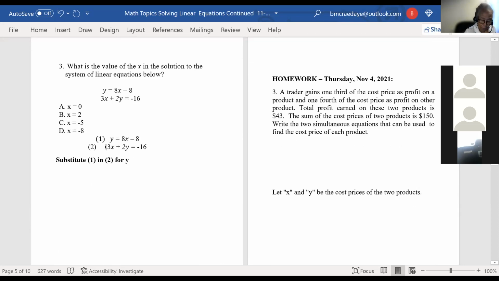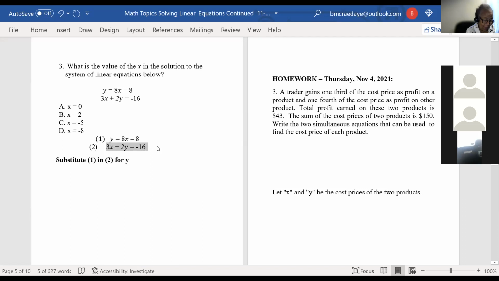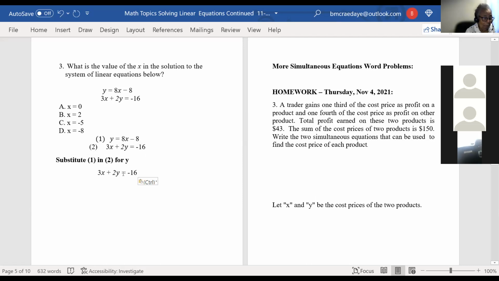I want to take this equation and substitute what y is, which is what the first equation says y is equal to, right? So for y, we want to put what y is. Y is what we have for number 1, right?